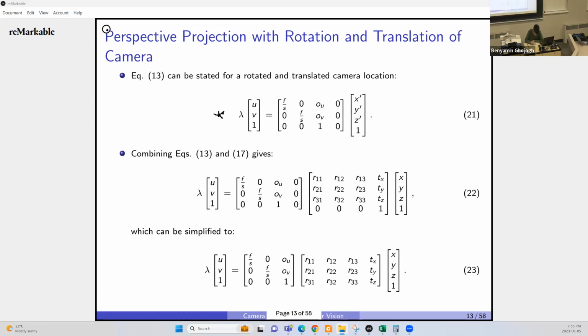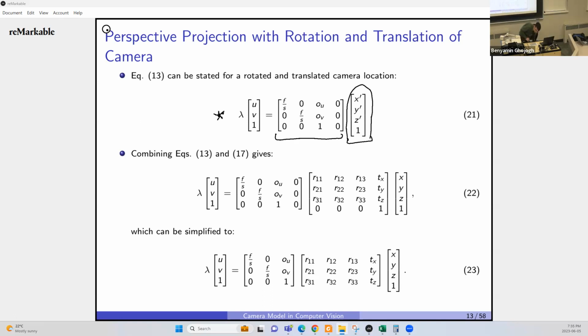So lambda u v1, we have this, and we have it. It can be stated for a rotated and translated camera. The difference of equation 21 and equation 13 is that I have replaced x, y, z, and 1 by x prime, y prime, z prime, and 1. Why? Because now I assume that the camera might not be at the origin.